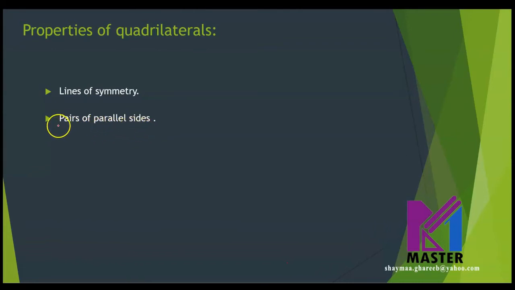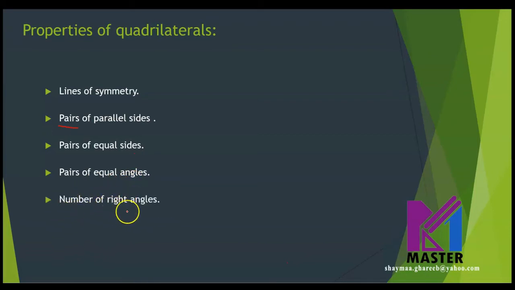And what is the meaning of the word pair? Pair means two sides. We can also talk about pairs of equal sides, pairs of equal angles, number of right angles, and diagonals of the quadrilateral. Are they equal, perpendicular, or bisect?